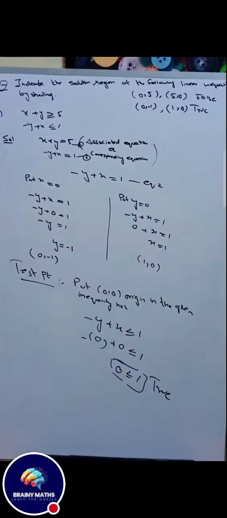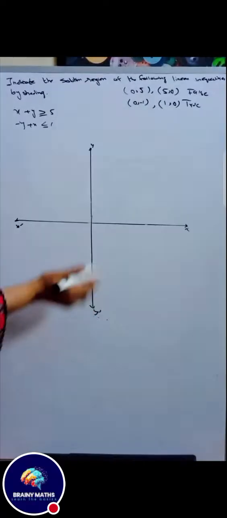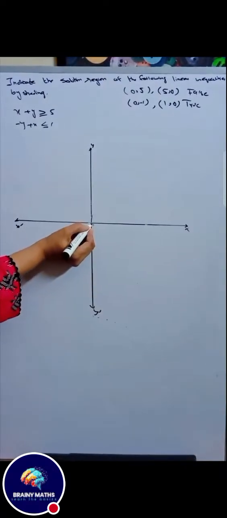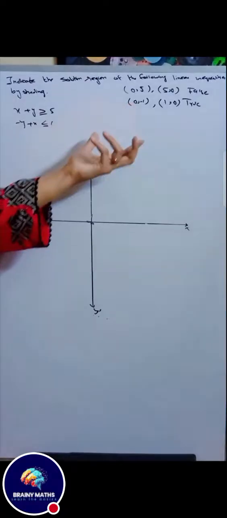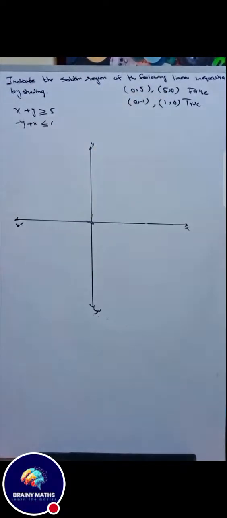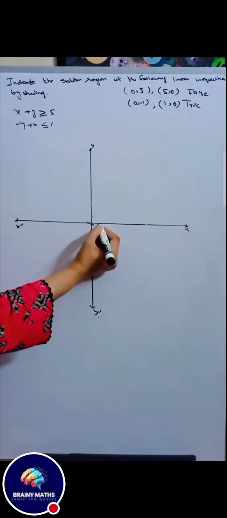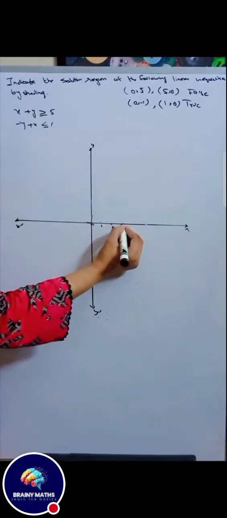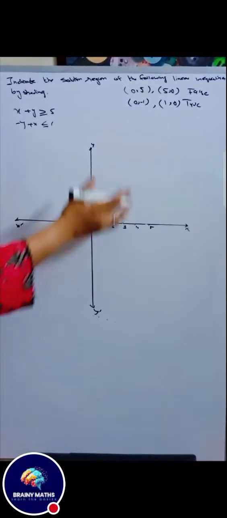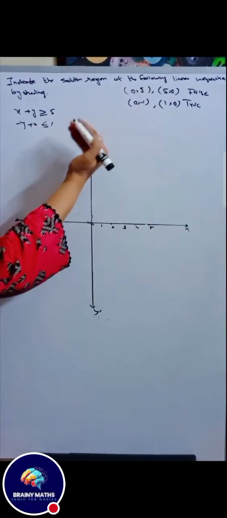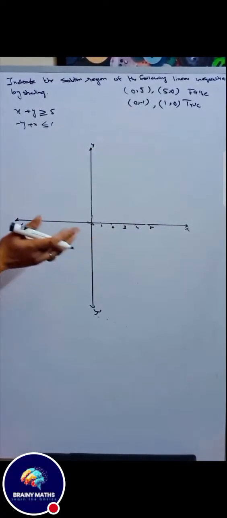Here the center one is the origin. Now, first we have to represent this. As you know, the values are 0, 5 and 1, 0, so we have to mark up to 5: 1, 2, 3, 4, 5. We must depend on the values we have and mark the axes according to them.